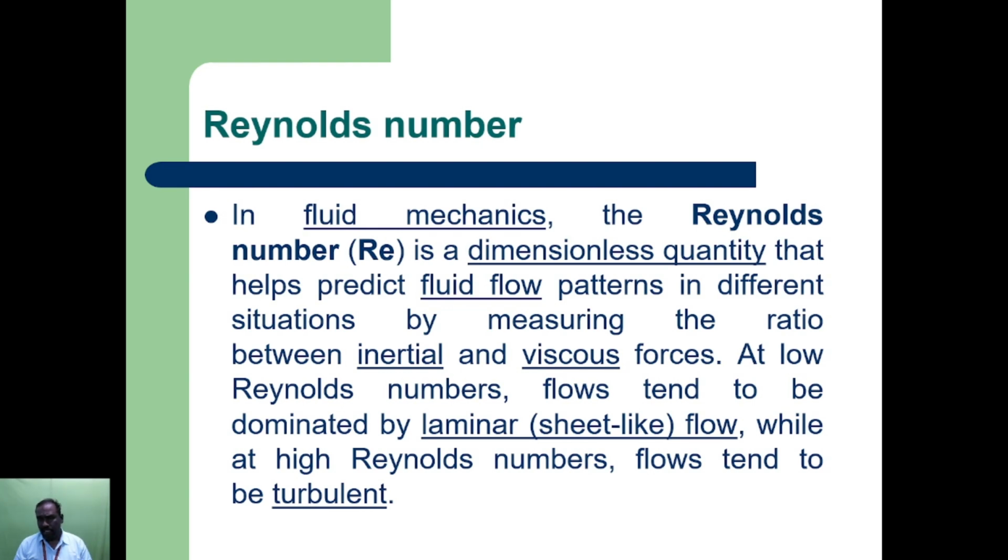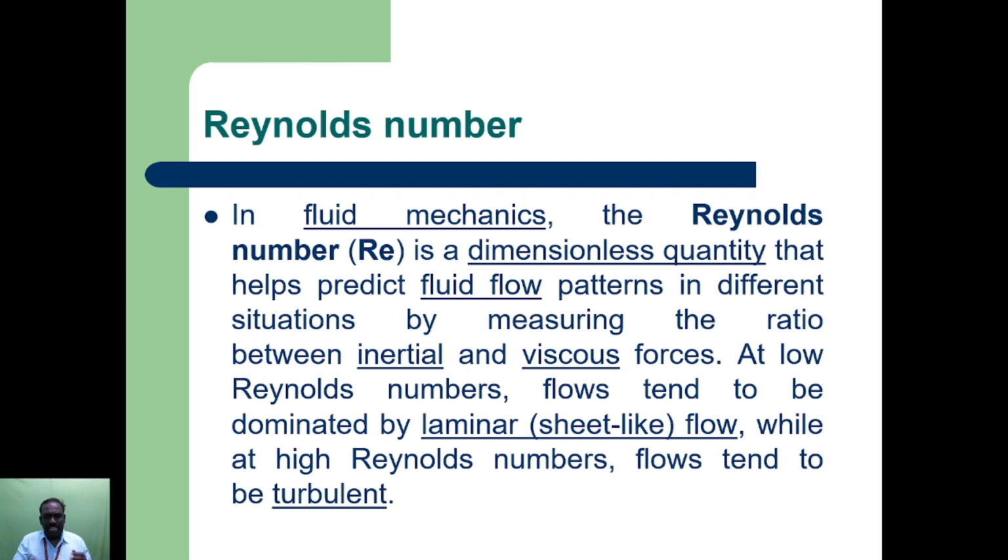In fluid mechanics, the Reynolds number is a dimensionless quantity that helps predict the fluid flow patterns in different situations by measuring the ratio of inertial force to viscous force.